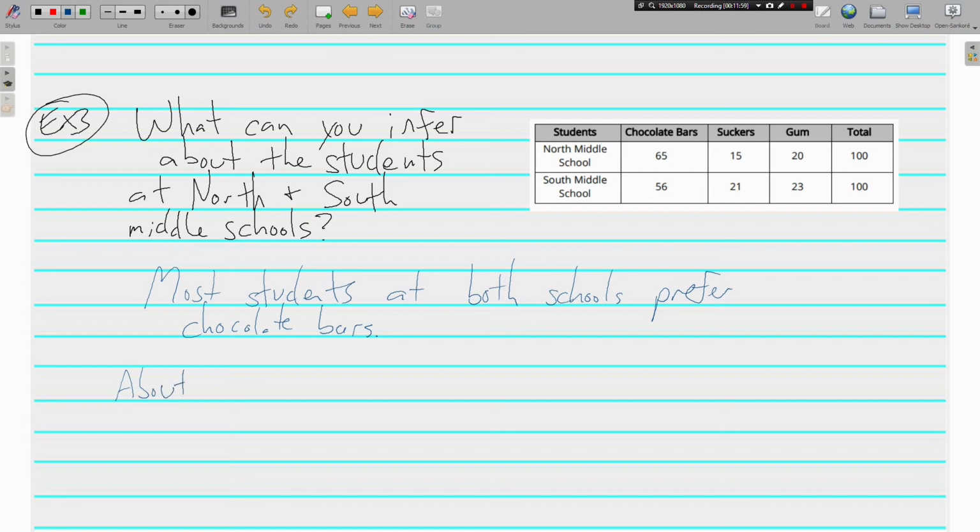About 3 times as many students, a lot of writing, as many students at North prefer chocolate bars.